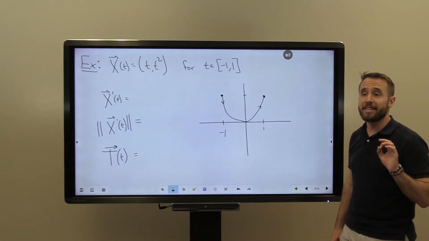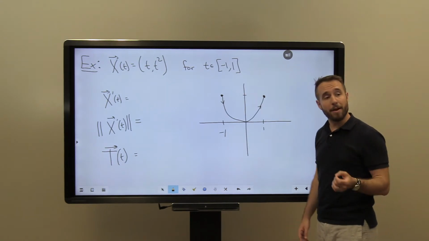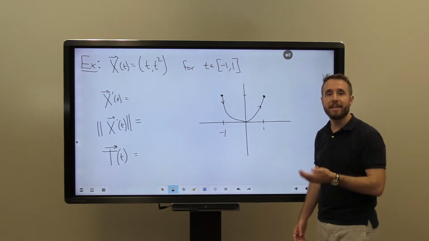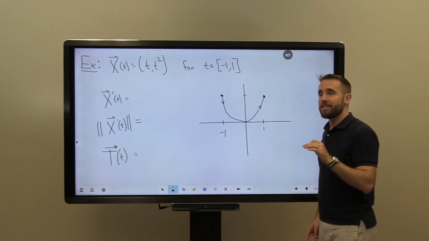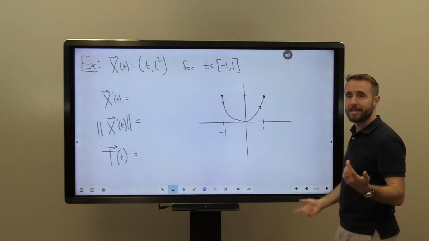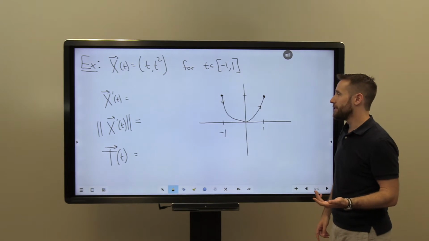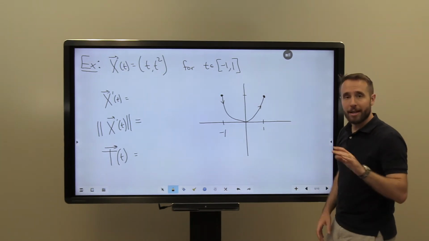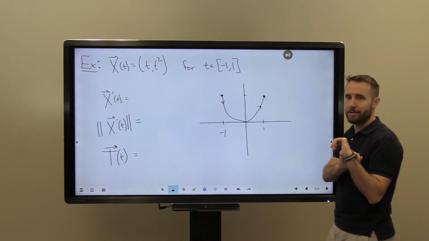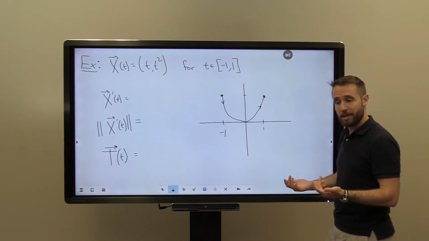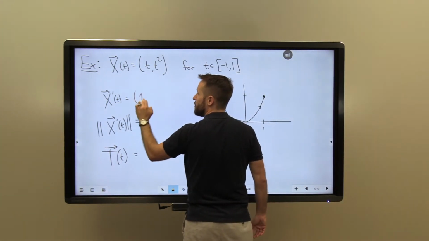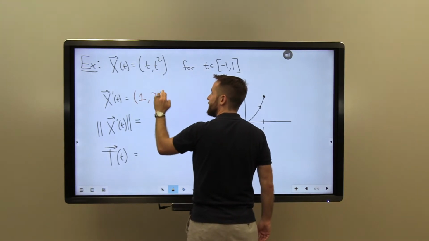So here's an example, right? We're going to take the parametrized curve X of t equals t comma t squared for t values between -1 and 1. This just traces out the curve given by a parabola, right? Its locus is the standard parabola, y equals x squared, between -1 and 1. And so if we go to compute the velocity vector and then the speed, what we'll see is that capital X prime is just the derivative of t, which is 1, and the derivative of t squared, which is 2t.